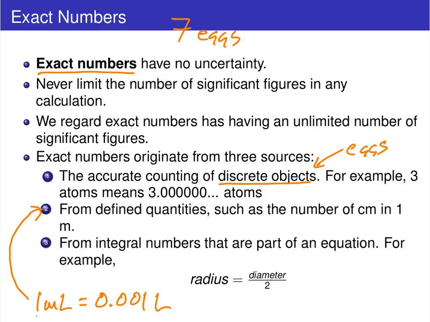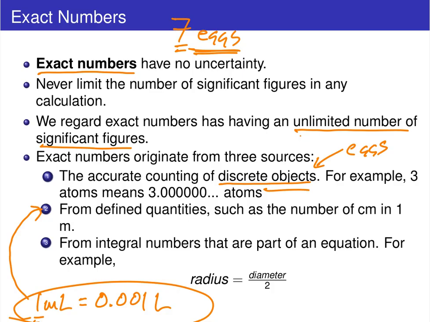So even though if you look at this number, you might look at it and say, well, hey, that looks like there's only 1 sig fig. Just like looking at that measured egg quantity, we might say, well, hey, it looks like there's only 1 sig fig. From the context of the problem, you need to remember that this conversion factor here does not rely on any sort of measurement. It's a definition that we've agreed upon, and it is therefore exact, and therefore has an unlimited number of significant figures. Similarly, by putting eggs after this and giving you the context that I am counting eggs, we know we're talking about discrete objects, therefore we have an unlimited number of significant figures.